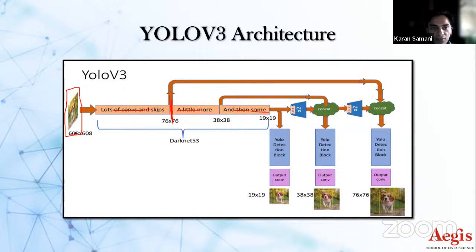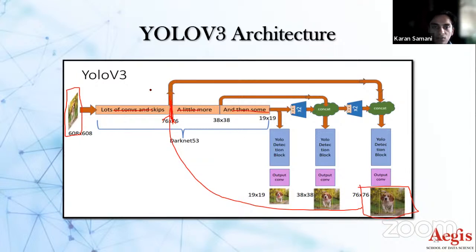This 608 by 608 convolves into 76 by 76 at this particular step. Now a prediction happens at this step, or a line or a curve is trying to get fit on the image to recognize that particular entity, like a dog. Now this result is stored.